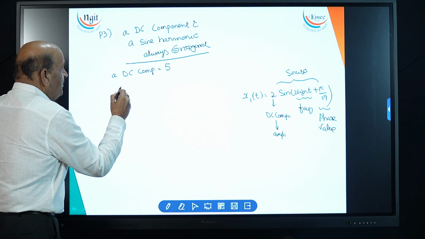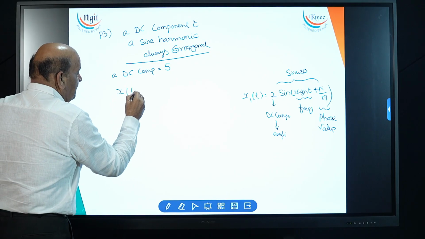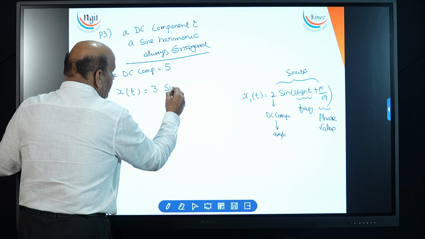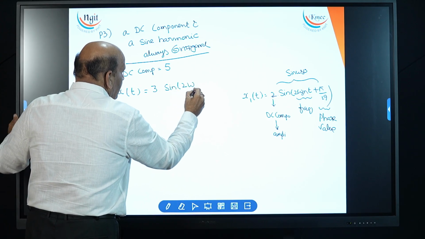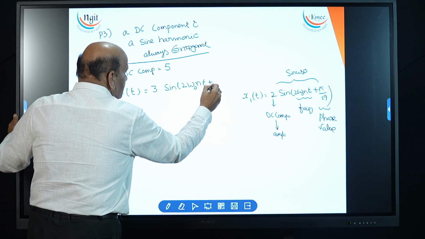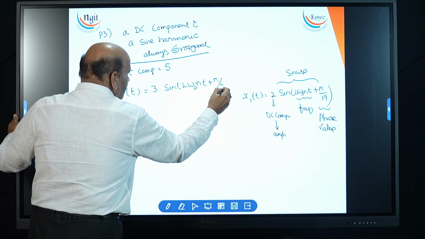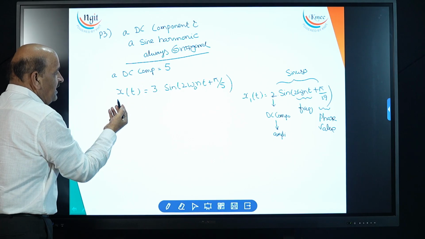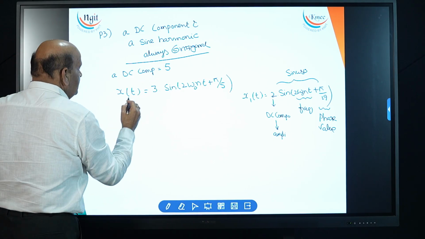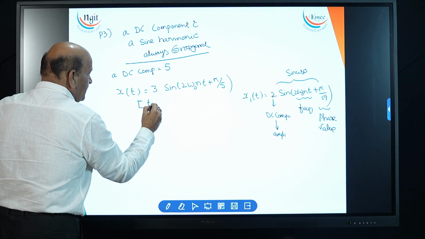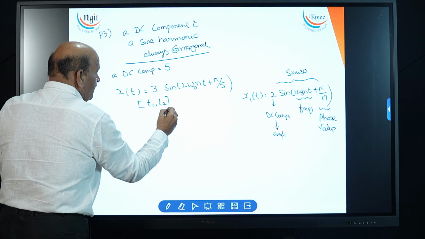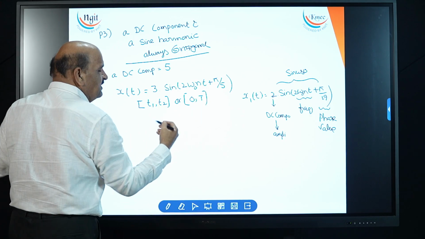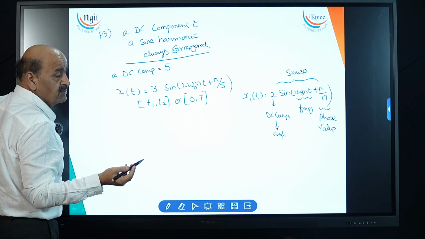Now a DC component is given and a sine harmonic, for example 3 times sine(2 omega naught t plus, for example, pi by 5). Here, the DC component and this signal, these two are over a time period t1, t2, which may be given like 0 to T, or minus T by 2 to T by 2, anything.